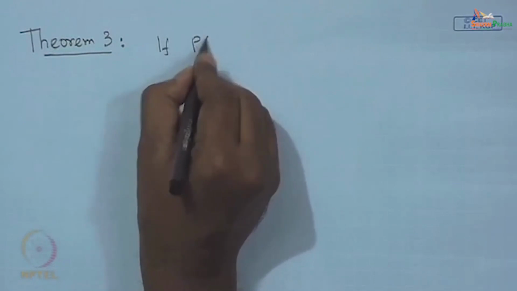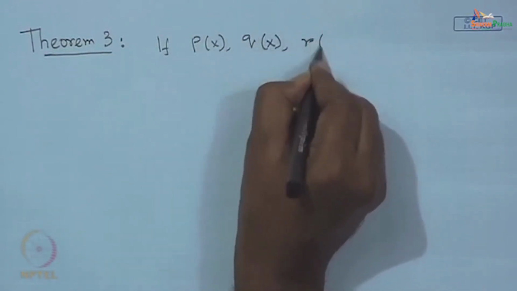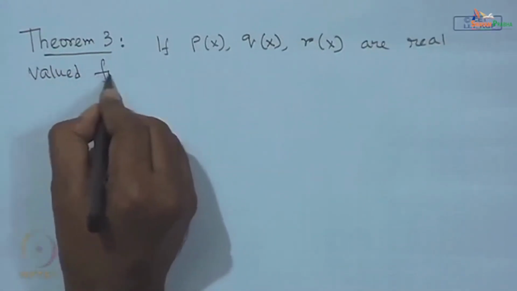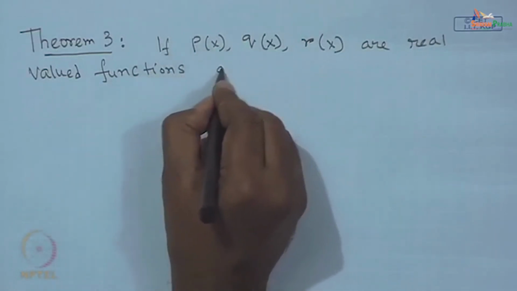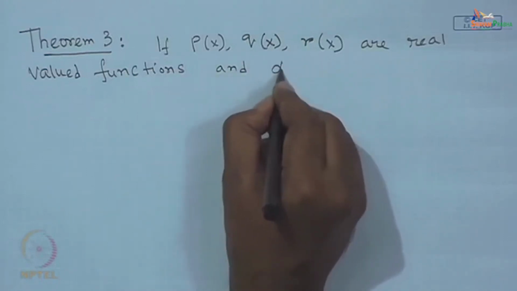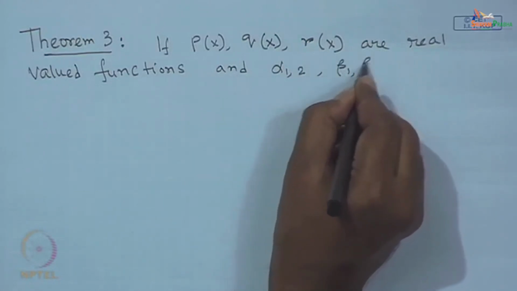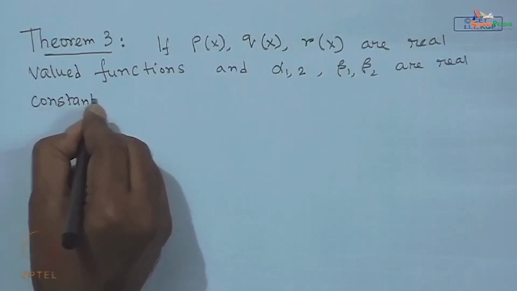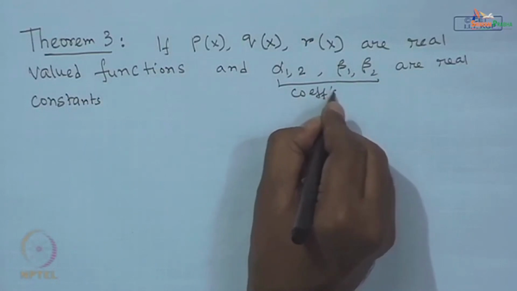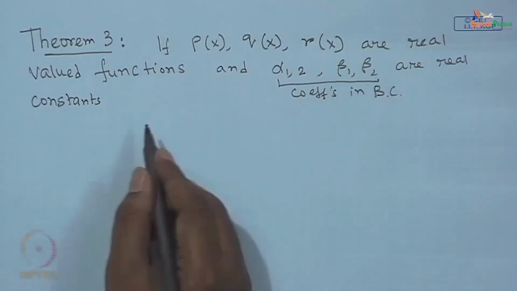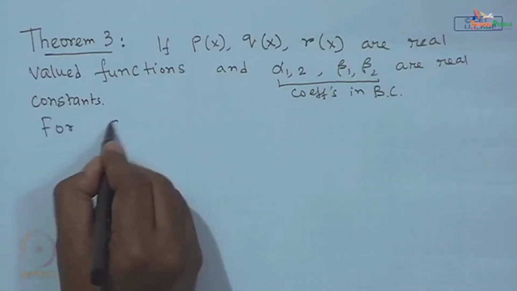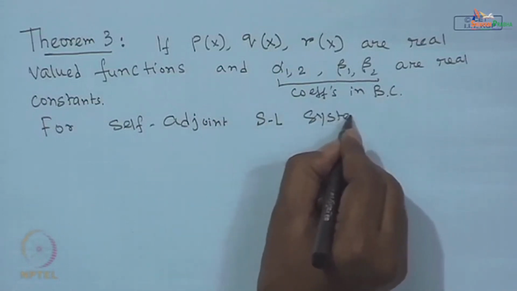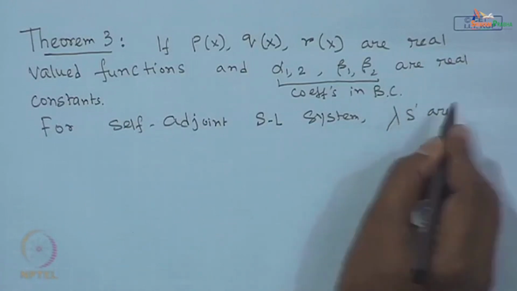Next, we go to theorem number 3. If P of x, Q of x, R of x are real valued functions, and alpha 1, alpha 2, beta 1, beta 2 are real constants, these being the coefficients in the boundary conditions, then for a self adjoint SL system, the eigenvalues are real.